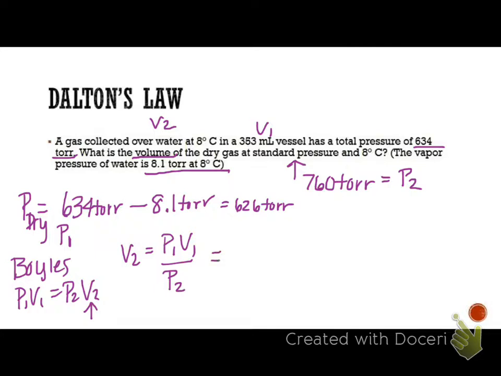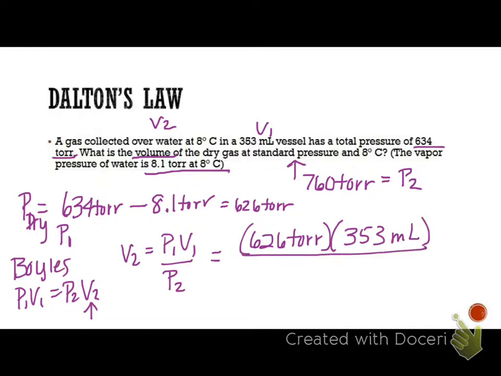Putting in our P1, the corrected pressure of 626 torr, and our original volume of 353 milliliters, we divide by P2, standard pressure, 760 torr.